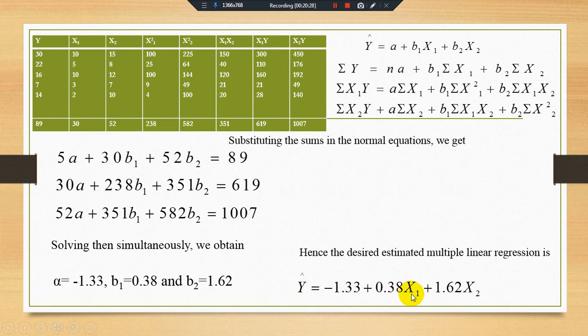And if x1 is equal to 0, then a 1 unit increase in x2 brings a 1.62 unit increase in the dependent variable. This interpretation is the more important part of the estimated regression line, and it holds for any type of regression line, whether simple regression or multiple regression.